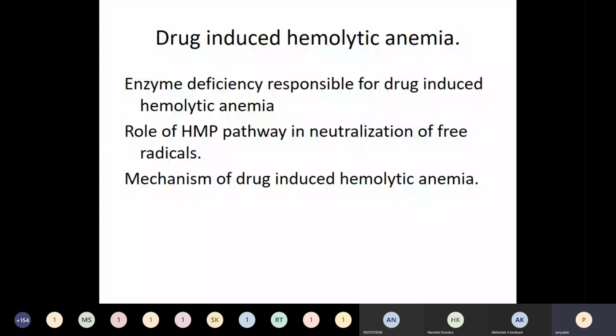We have two phases in the HMP pathway, one is the oxidative phase and the other is the non-oxidative phase. This enzyme comes in the oxidative phase of the HMP pathway.